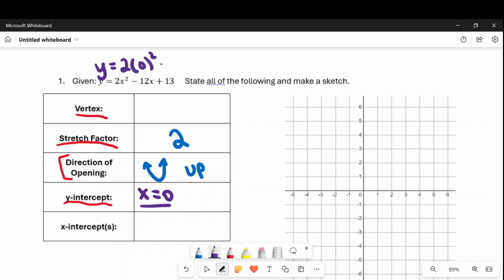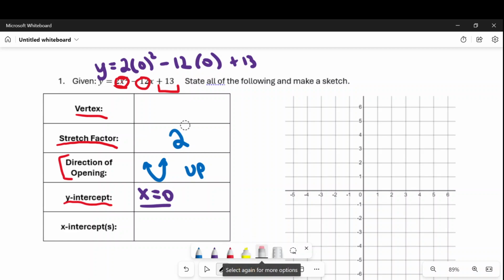And of course, hopefully you're already saying either out loud or in your head, why are you doing this calculation, Miss Townsend? Because if I let x equal 0, this is 0 squared times 2, which is just 0, minus 12 times 0. Well, that's minus 0. All that I'm left with is this number, which is positive 13.